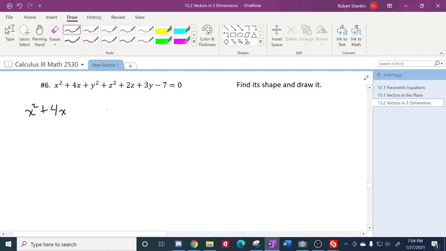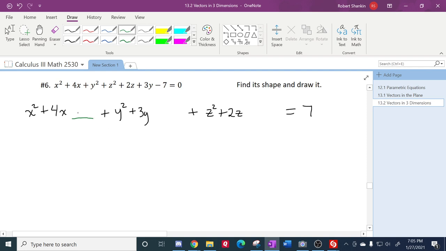And on the left side of the equation, you just make a complete square, like x plus 2 squared. And move the constant 7 over to the right, like this. Very good.